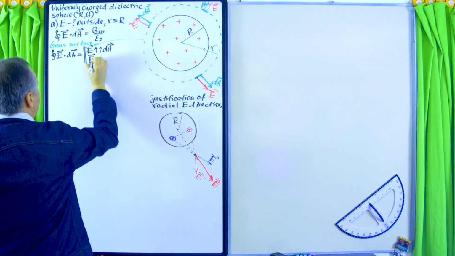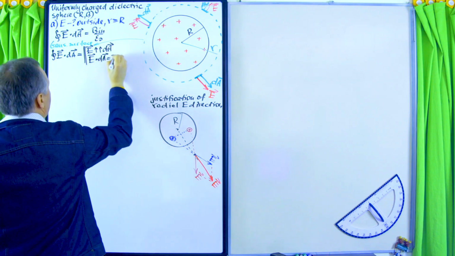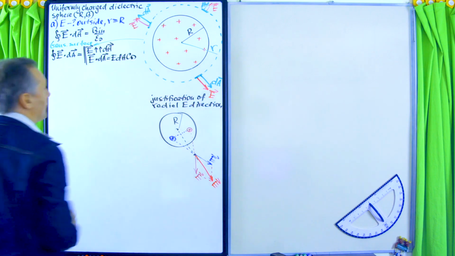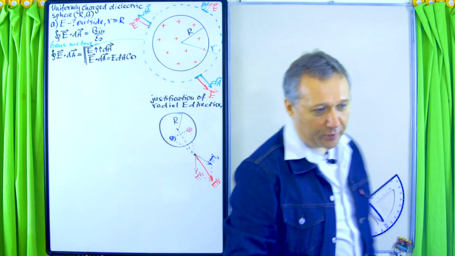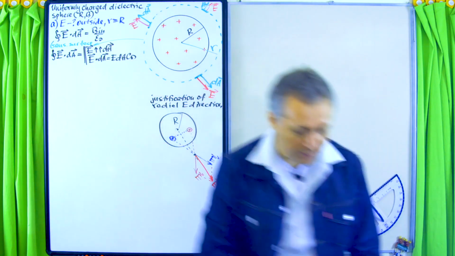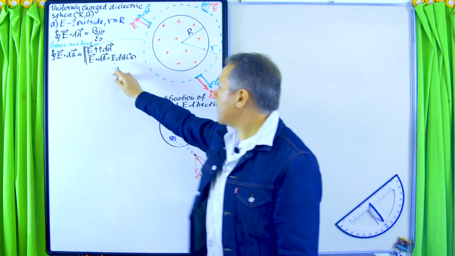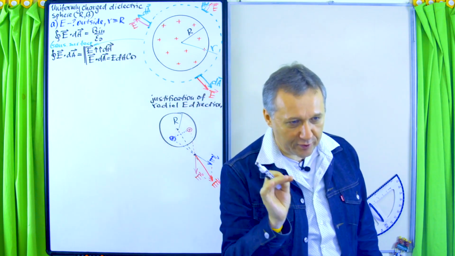So I can write E dot dA equals absolute value of E, absolute value of dA, and then cosine of the angle between these two vectors.